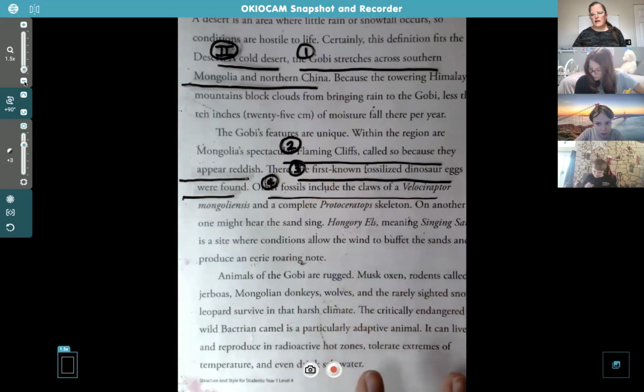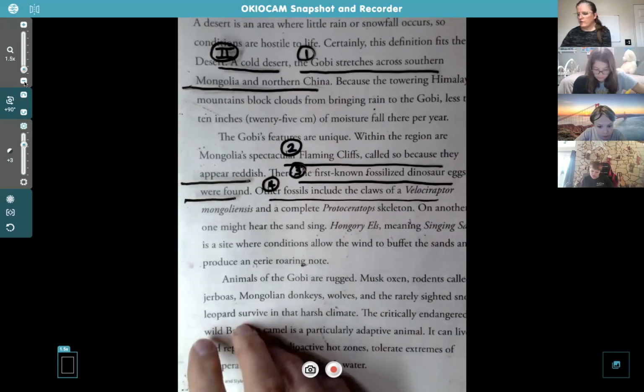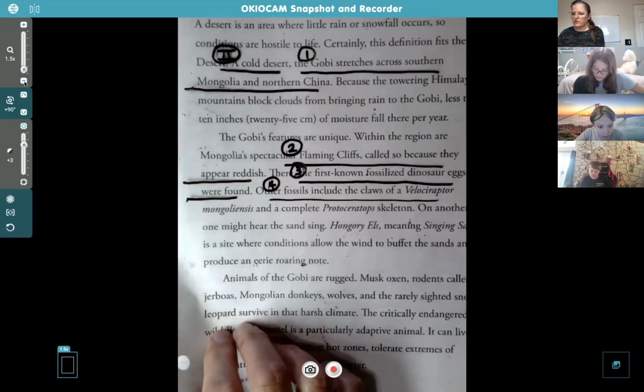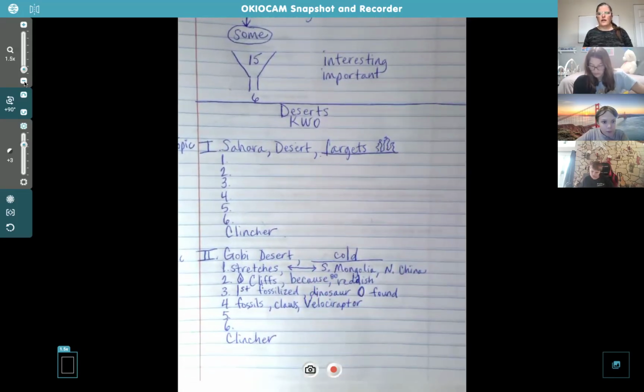So you decide what 5 and 6 is and go ahead and write it on your outline following the rules, only 3 words, symbols, abbreviations, and all that for free. So go ahead and do 5 and 6 by yourself and give me a thumbs up when you got it. And if you have any questions, just let me know. I'm going to wait right here.